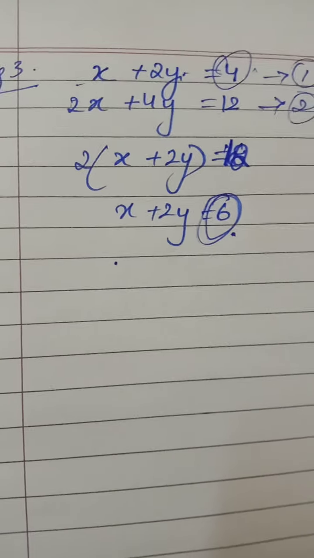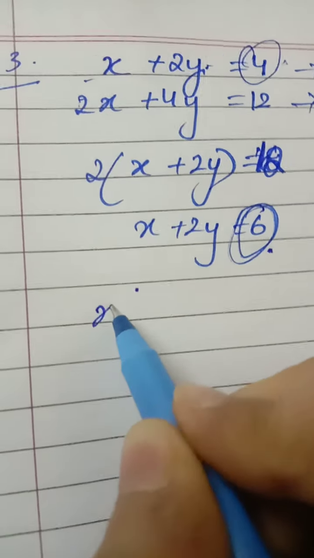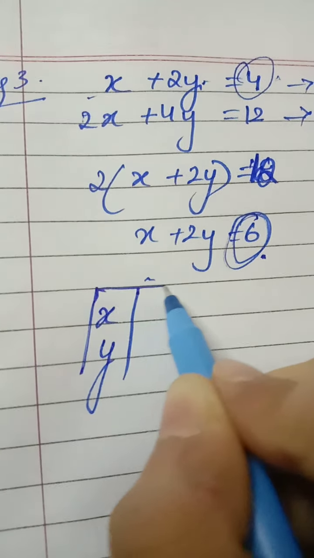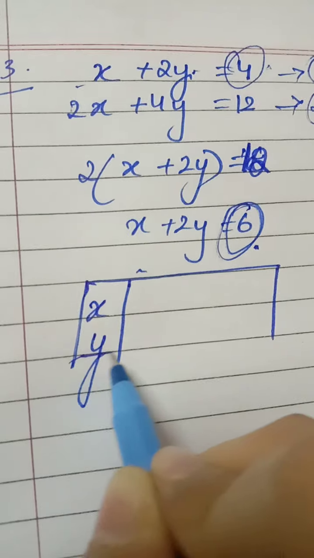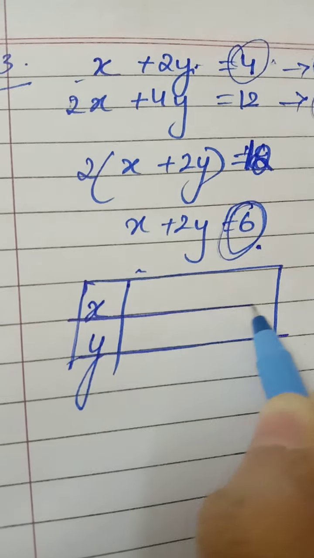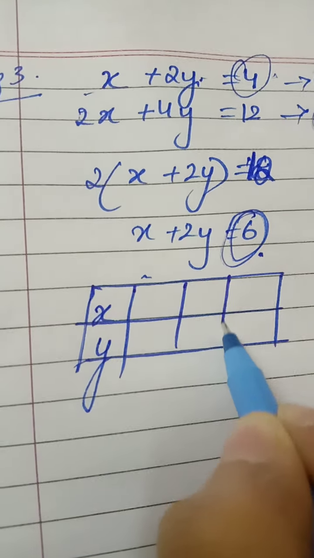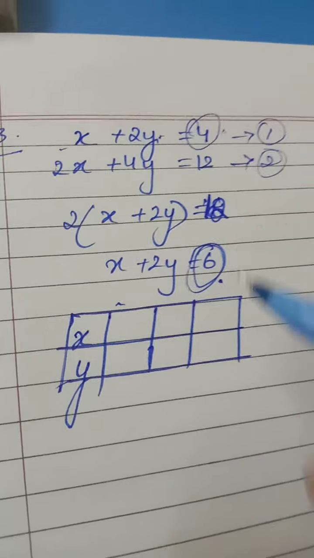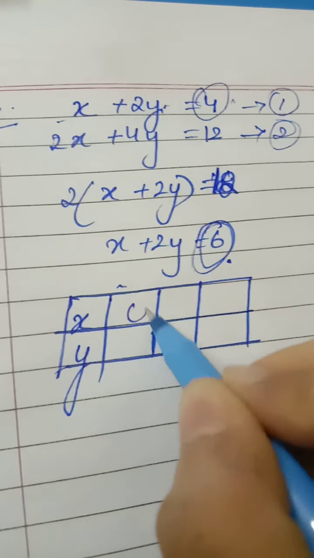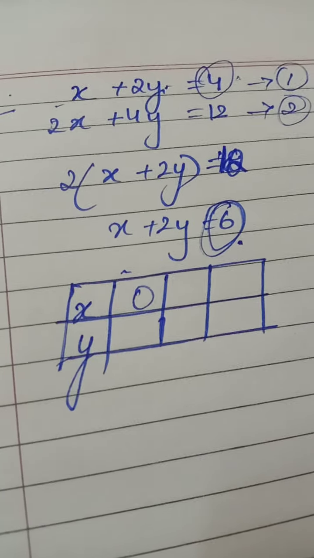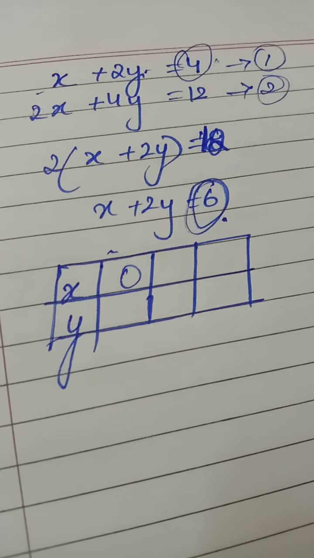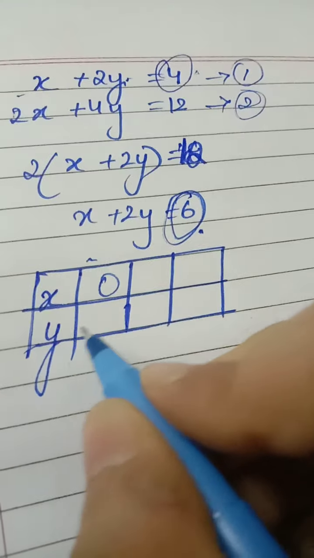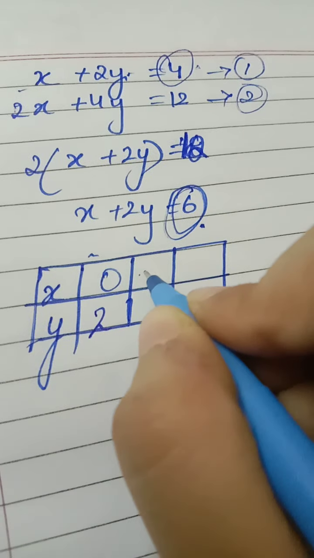Okay, so for the first equation, x will be 0, we'll get 0 plus 2y. 4 minus 0 is equal to 4. 4 upon 2 we get 2. Then we take x as 2 here.